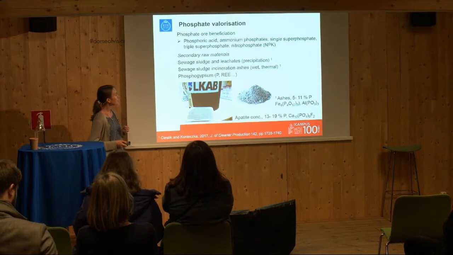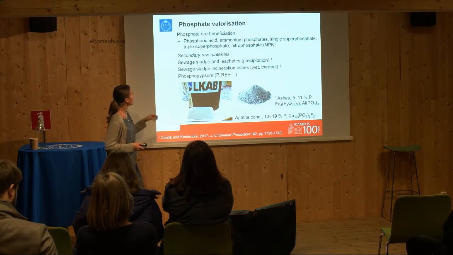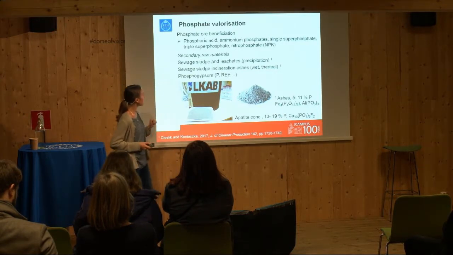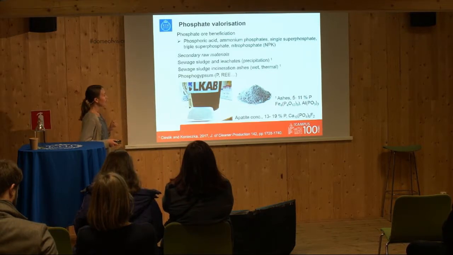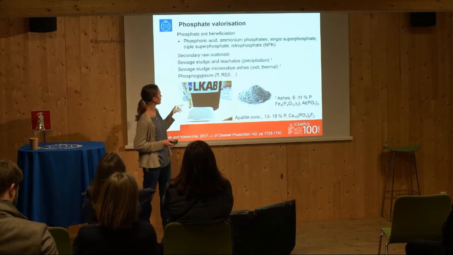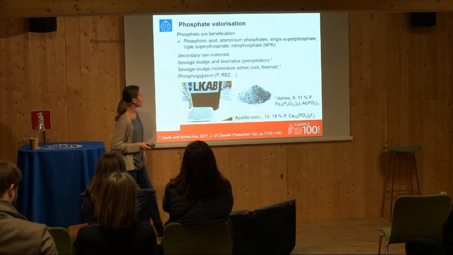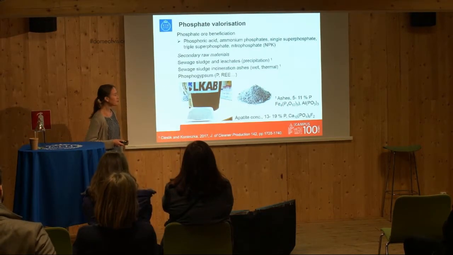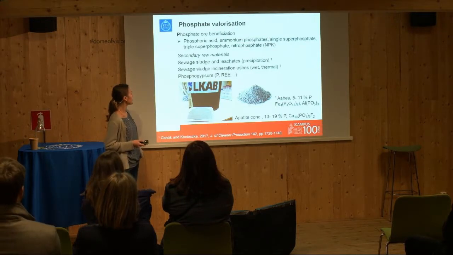But there are also secondary raw materials. Sewage sludge and leachates contain some phosphorus. But even better, if you want to recover the phosphorus, is first to do an incineration and recover the phosphorus from the ashes. And there is work on how to do this.